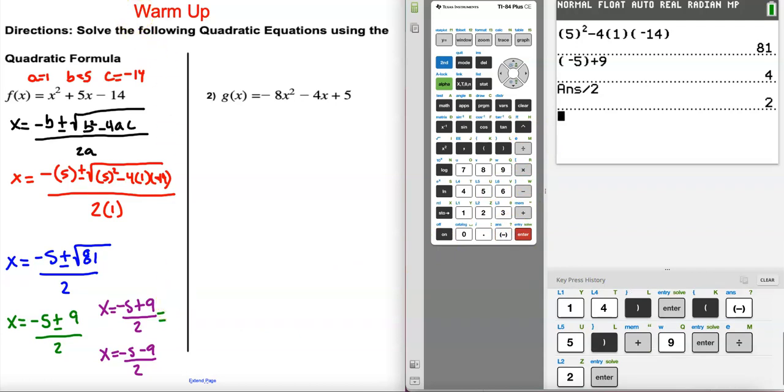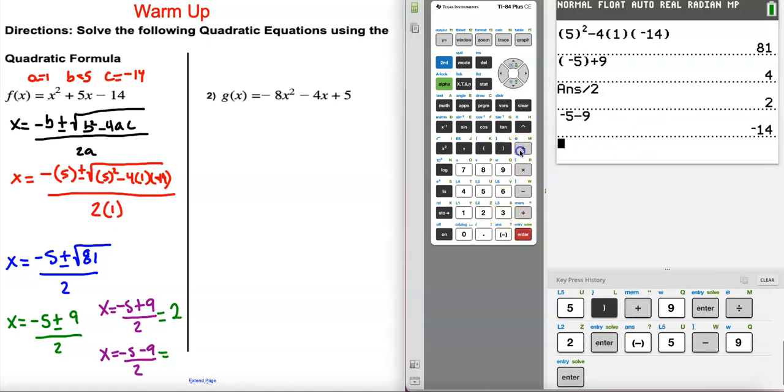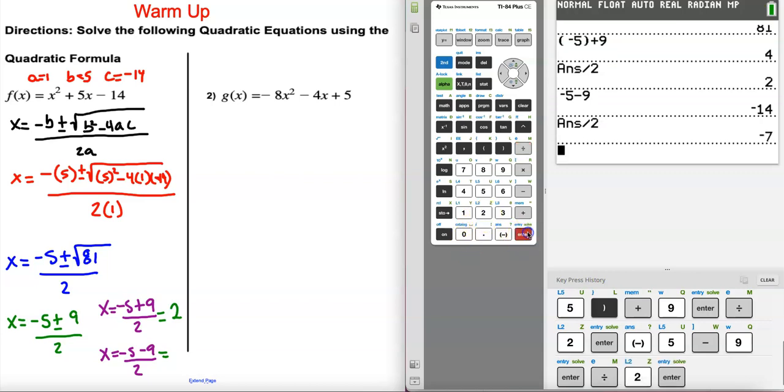Then I do the same thing for this one. I go negative 5, this time minus 9, which gives me negative 14. Negative 14 divided by 2 gives me negative 7. So here is where this equation crosses the x-axis.